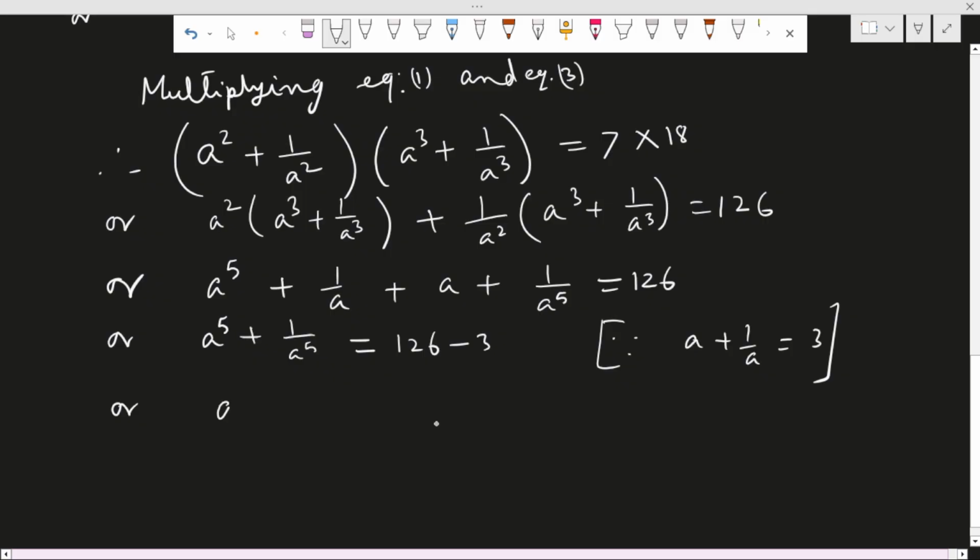Or a to the power 5 plus 1 by a to the power 5 is equal to 123. Now squaring both sides, because after squaring we will have a to the power 10.